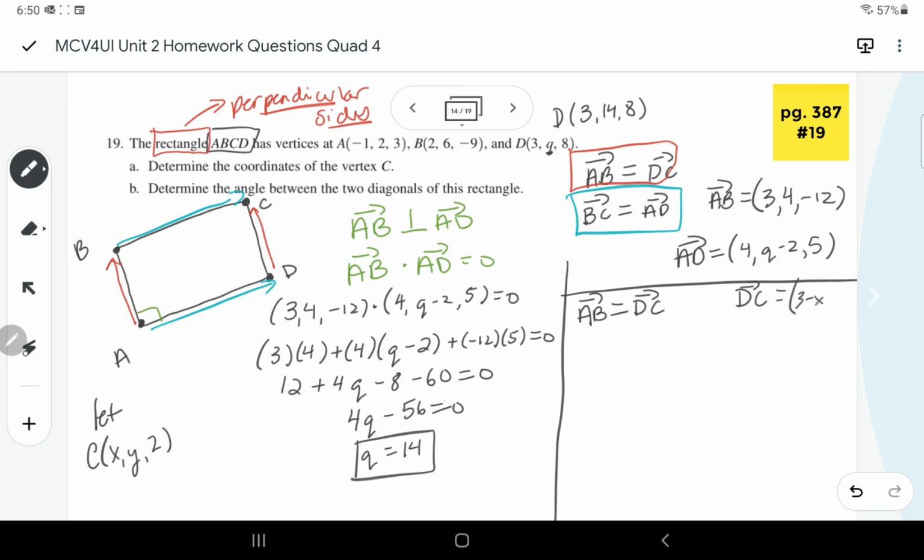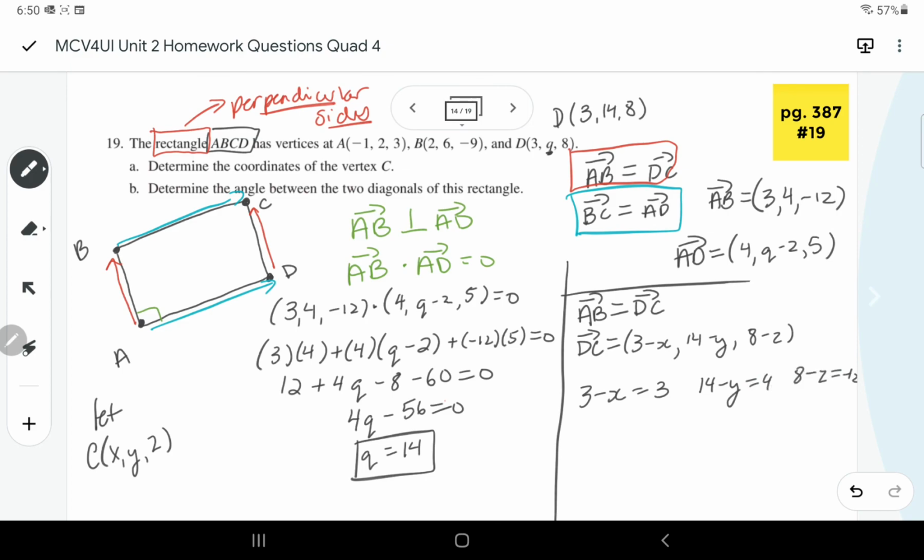So DC is <3 minus x, 14 minus y, 8 minus z>, and that will equal <3, 4, -12>. So 3 minus x equals 3, 14 minus y equals 4, and 8 minus z equals negative 12.